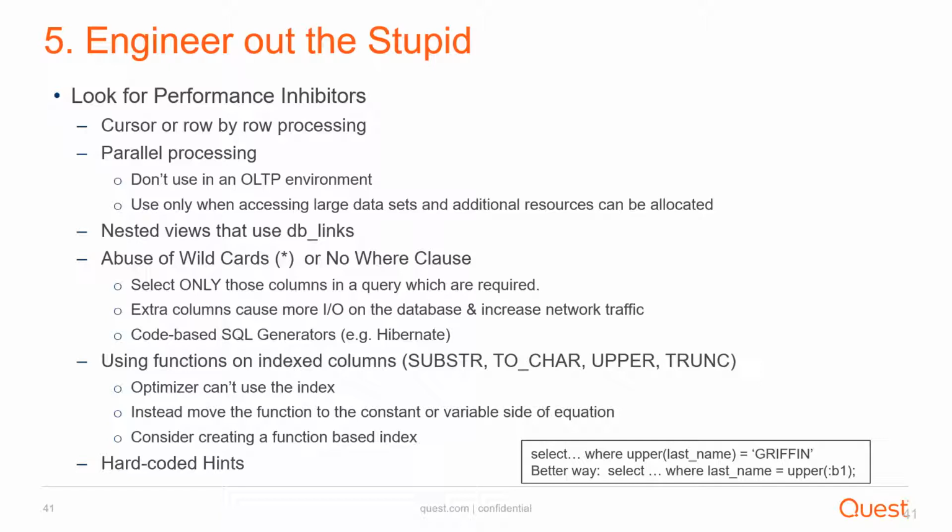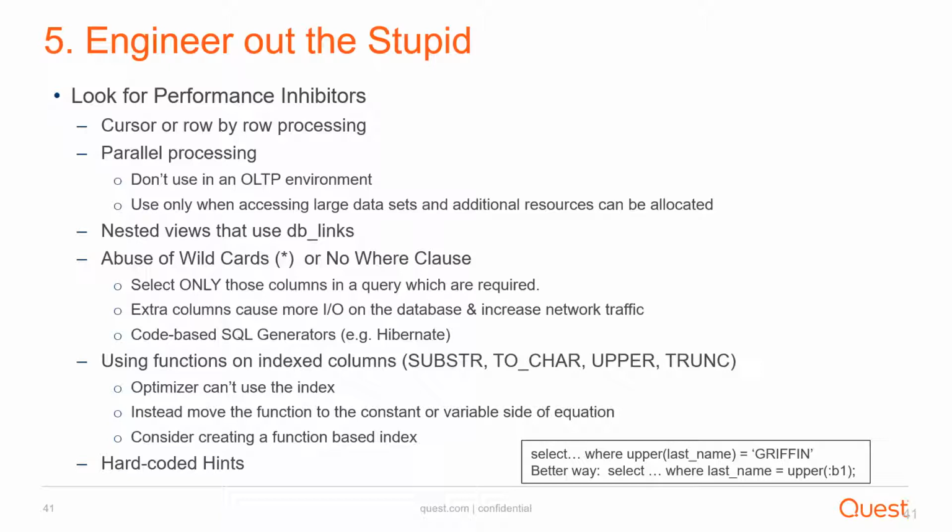Look out for nested views that use database links, and abuse of wildcards or no where clauses. Like I said, third-party SQL generators can cause very bad SQL and try to put all the data over on the client. Databases are great filtering machines, so why do that?